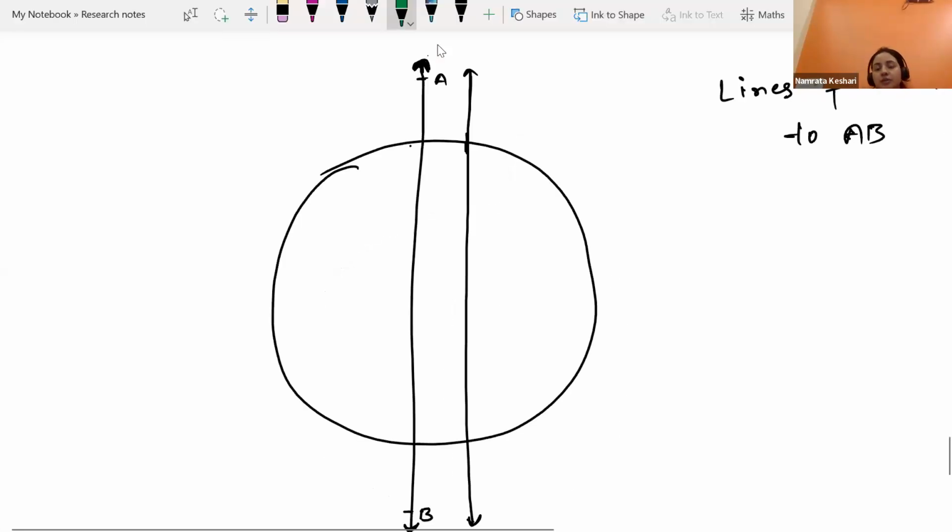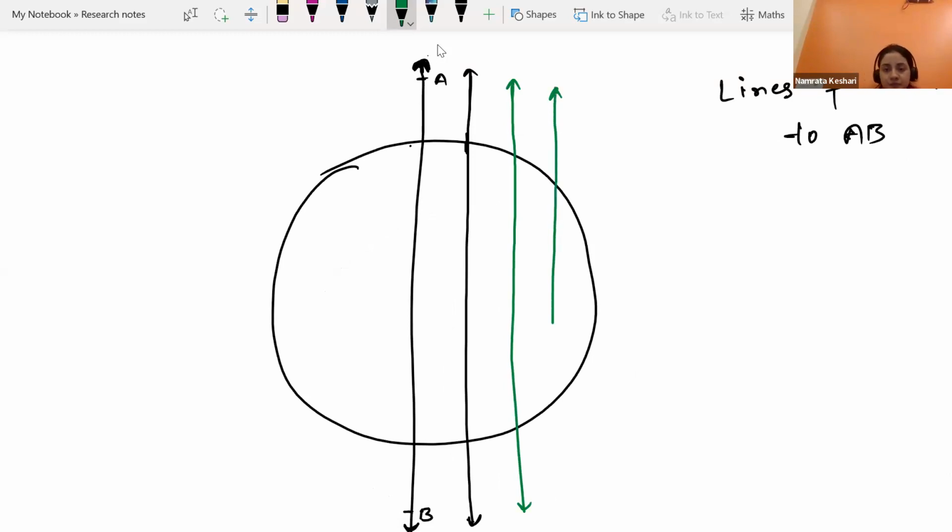So let's keep on drawing lines which will be parallel to the secant. Similarly, we are going to draw lines on the right side of AB also. You can see which one is AB. This middle one is AB.